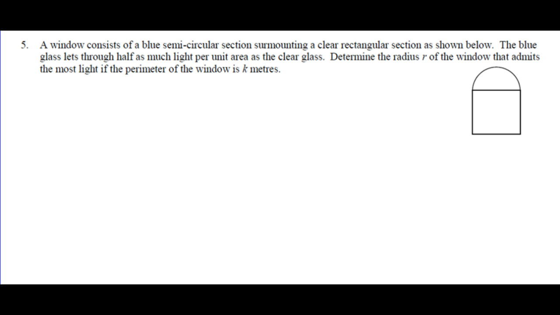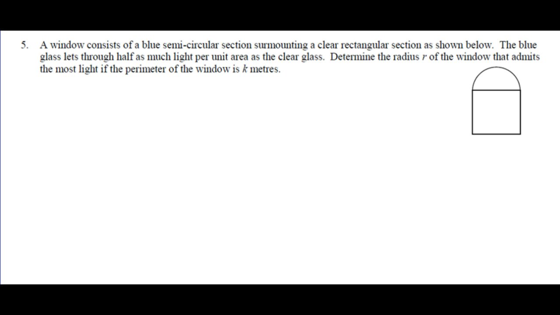A window consists of a blue semicircular section surmounting a clear rectangular section as shown below in black and white. The blue glass lets through half as much light per unit area as the clear glass. Determine the radius of the window that admits the most light if the perimeter of the window is k meters.